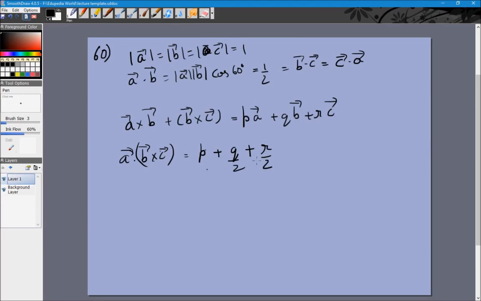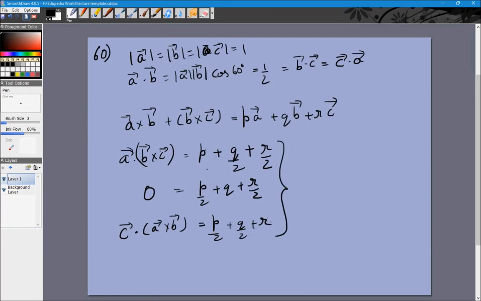This is A dot B cross C. Also, if we take the dot product with B, this side will be completely 0. This is equal to P by 2 plus Q plus R by 2. And then you take the dot product with C, you'll have C dot A cross B, which is the same as A dot B cross C. That is P by 2 plus Q by 2 plus R. Right. So these 3 equations we have.